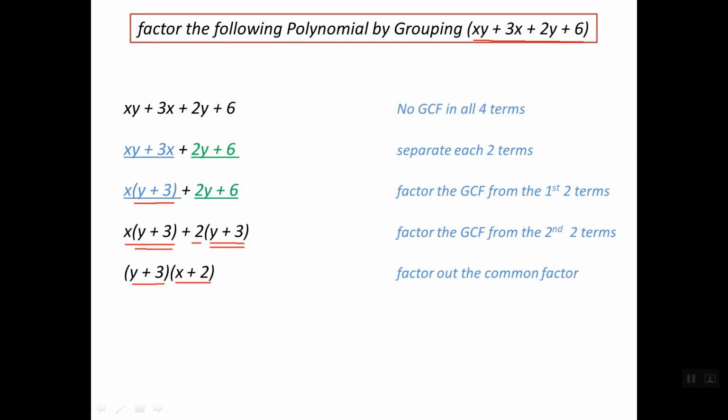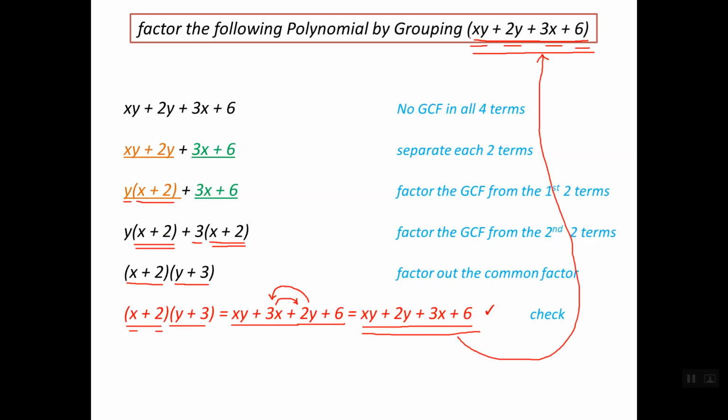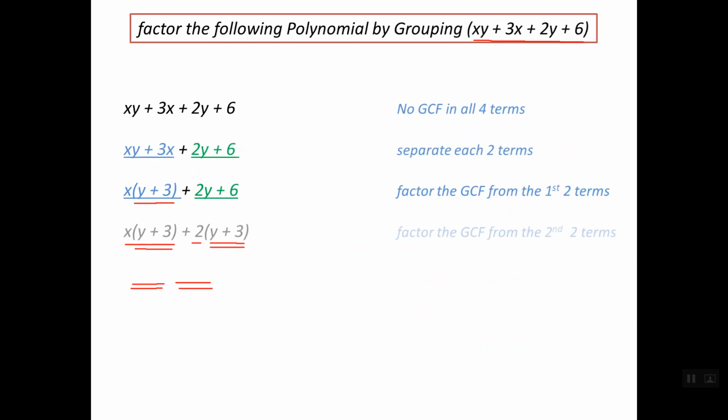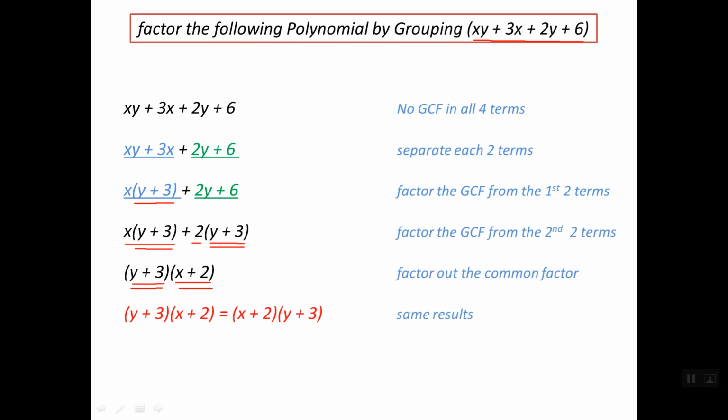Let's check that these two factors are the same as the previous one. So let's return back. As you see here, we have these two factors, which are x plus 2 multiplied by y plus 3. See that y plus 3 multiplied by x plus 2 is the same as x plus 2 multiplied by y plus 3.